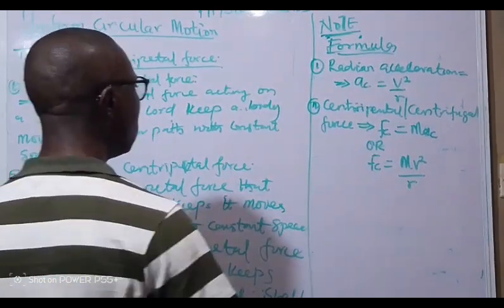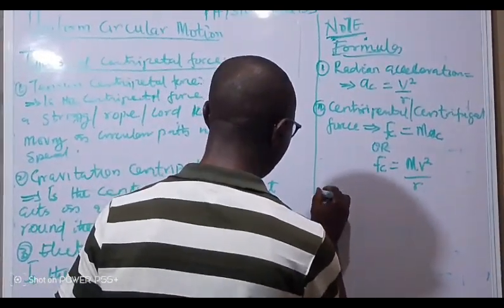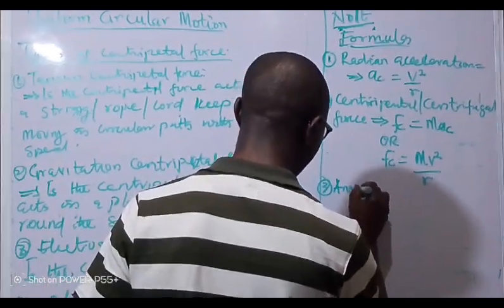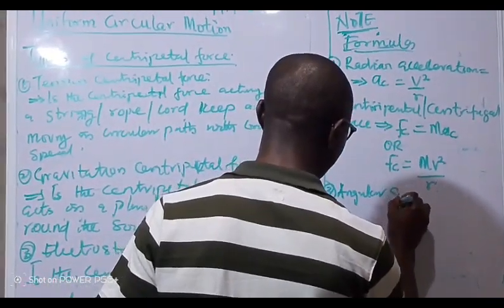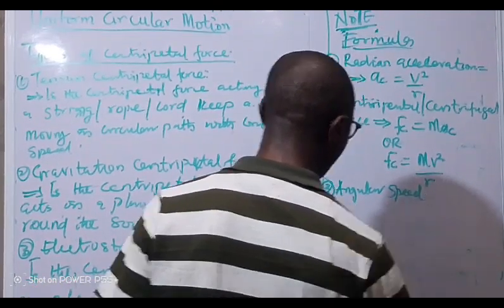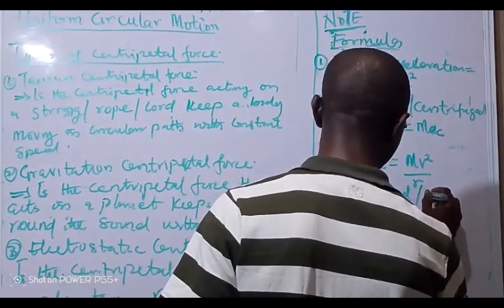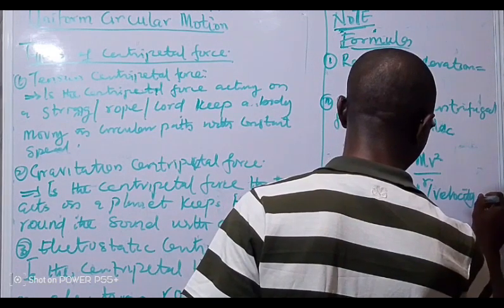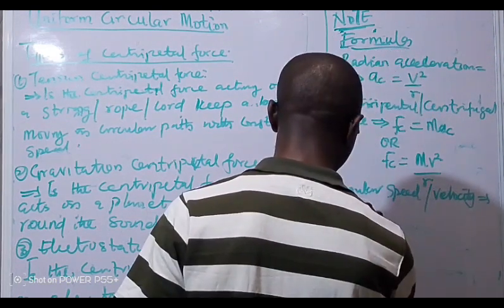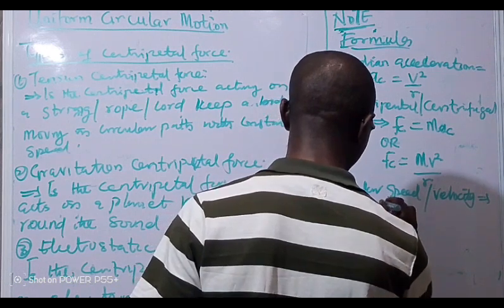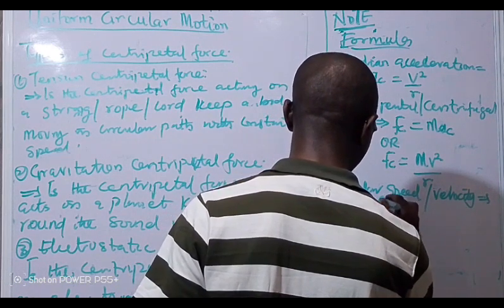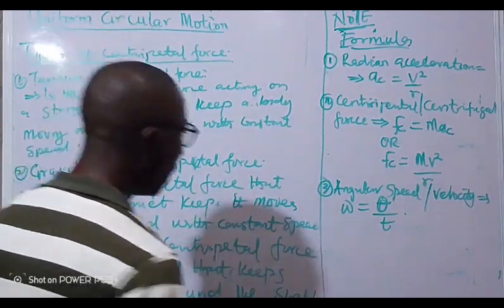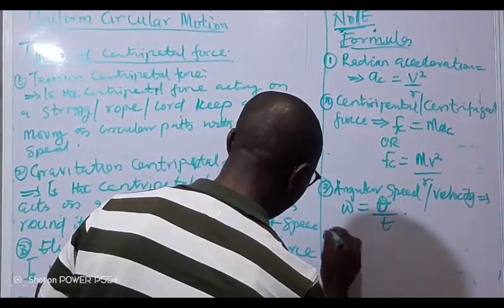Number 3, we come across angular speed or velocity as omega is equal to theta over t. At the same time, number 4, we have our angle.